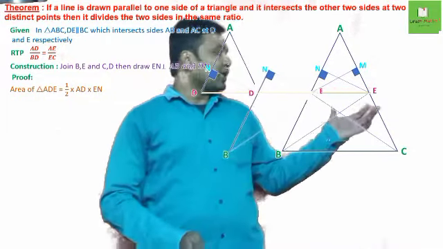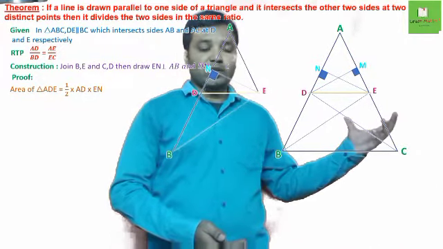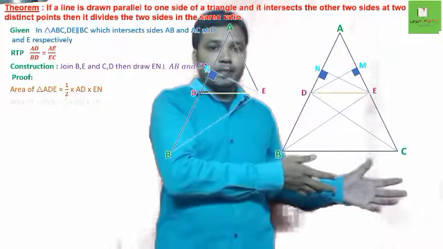Now we consider the second triangle BDE, which is drawn onto the side AB.